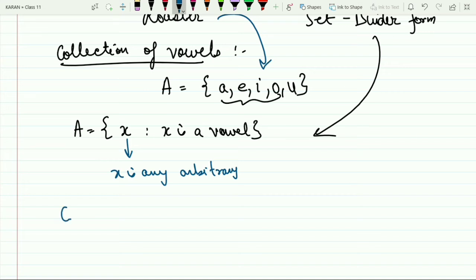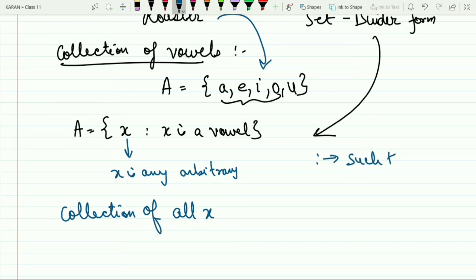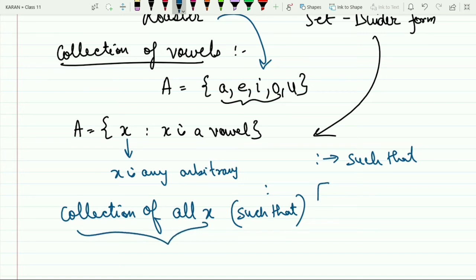So let me write: collection of all x, and this colon will be called "such that". So collection of all the x such that. Always you will use this "such that" with the colon. The first part will always be the collection of x, and then in this section you will always impose the condition.